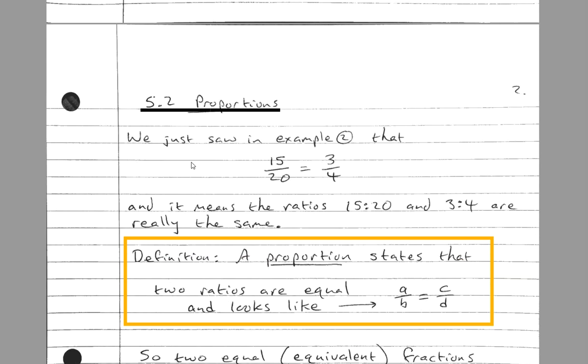All right, so the next section is on proportions. To introduce those, a few minutes ago we had this calculation: 15 over 20 is equal to 3 over 4, just canceling 5s.